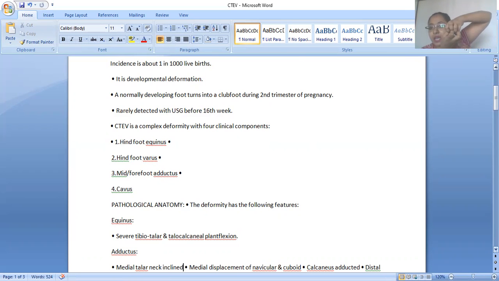Above that sits the talus, and above that the tibia sits. So it's like the ankle mortise complex. So severe tibiotalar and talocalcaneal plantar flexion will be there. If we consider this as a foot, then this is dorsiflexion, this is plantar flexion. So the hindfoot will be in severe plantar flexion.